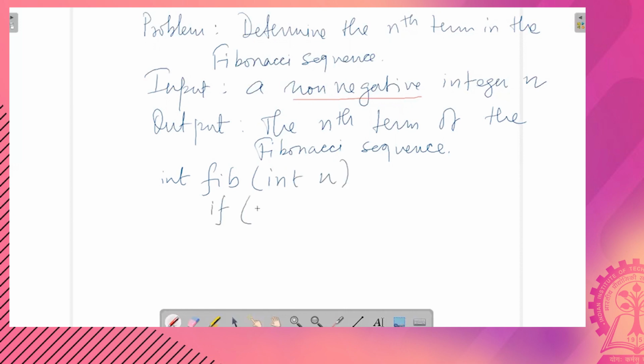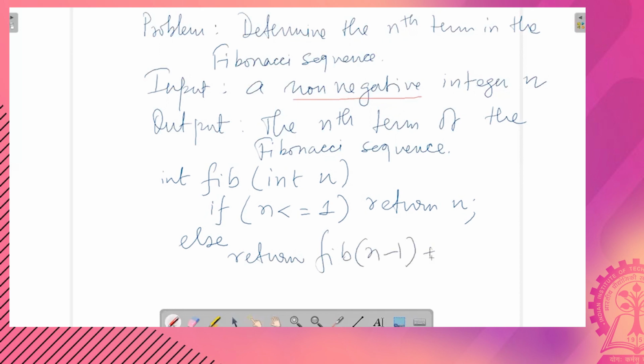If n is less than or equal to 1, return n, else return fib(n minus 1) plus fib(n minus 2).